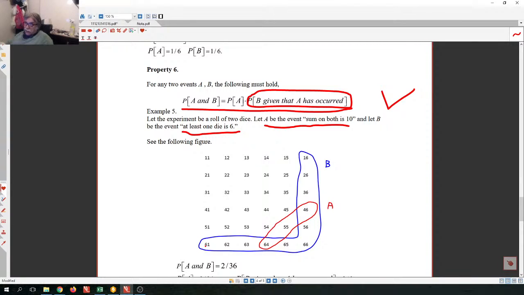Probability of getting a 6 on a roll of 2 dice is not that great. 11 out of 36. It's less than 1/3. But when I tell you that the sum is 10, then you know it's 2 out of 3. So these two events, this A and this B, are dependent. Because when you know that one has happened, that increases the chance of the other one. So they are not independent. Okay?